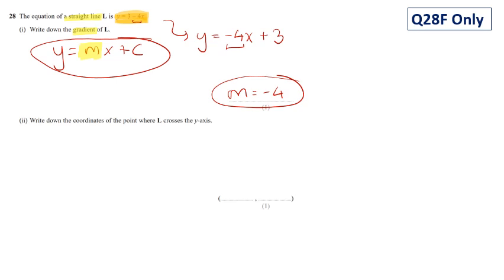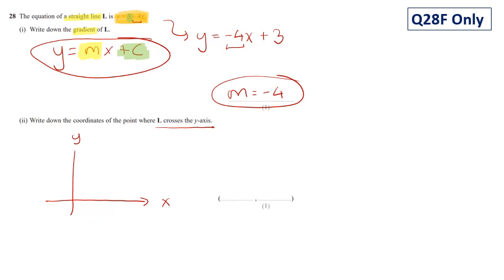Part 2, write down the coordinates of the point where L crosses the y-axis. Where L crosses the y-axis, we're looking for the y-intercept. In this characteristic equation, c represents the y-intercept, and we notice that that value is 3. So if I were to draw a sketch of the graph, here's the x-axis and here's the y-axis.